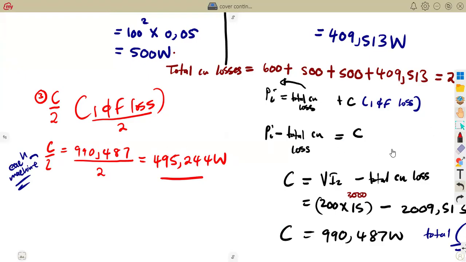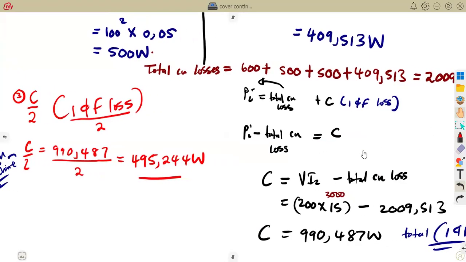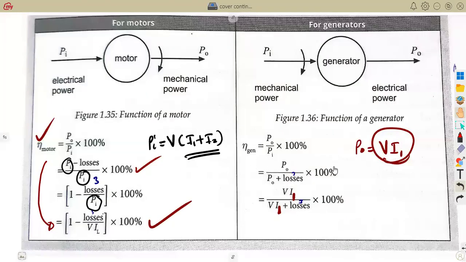So guys, I want you to be careful at this stage. You need the 3 losses when calculating the efficiency of each machine, whether it is a motor or a generator.